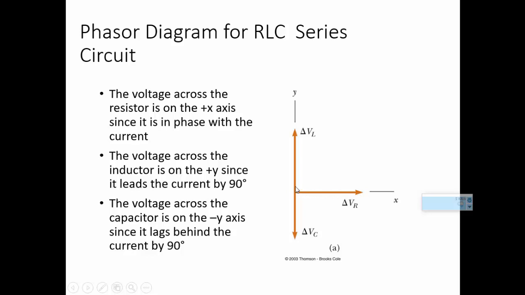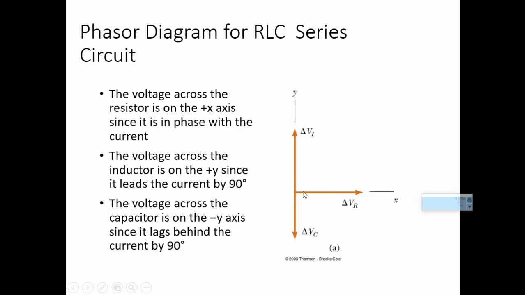Since this is also the current phase, the voltage across the inductor would lead this current, because remember that this voltage is caused by IR. So we move 90 degrees upward to plot the voltage across the inductor, because it leads the current by 90 degrees.